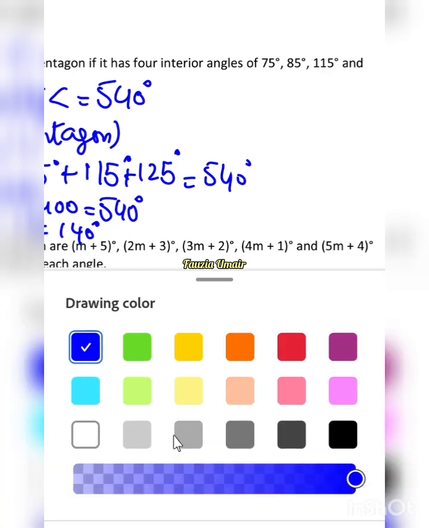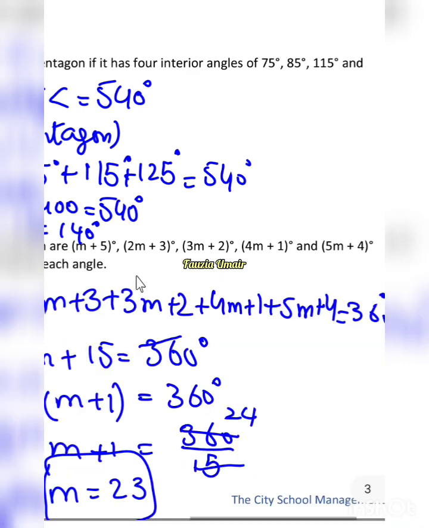You can write it down below separately also, or do it on the same figure as I'm doing right now. So m plus 5 would be 28 degrees. 2m, so double of 23 would be 46, and 3 more is 49 degrees.